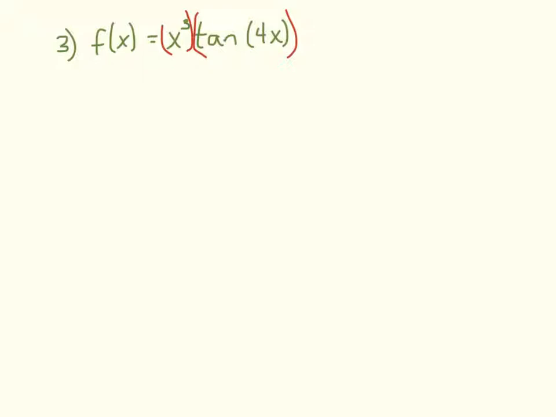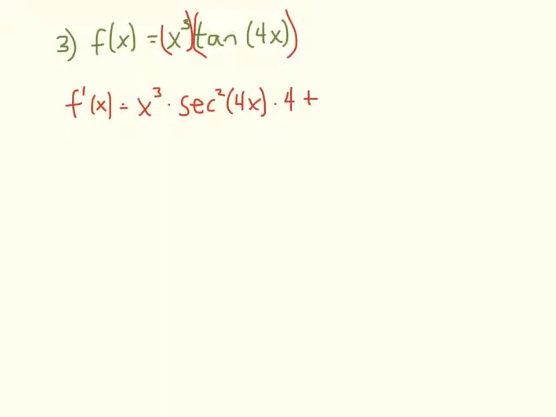Okay? So remember with the product rule, it's first, so in this case that'd be x cubed, times the derivative of tan 4x. So this is where we're using the chain rule within the product rule. So remember the derivative of tan is secant squared. Keep the inside, times the derivative of the inside would be 4.